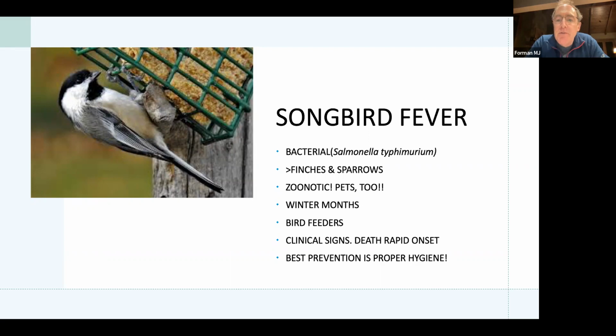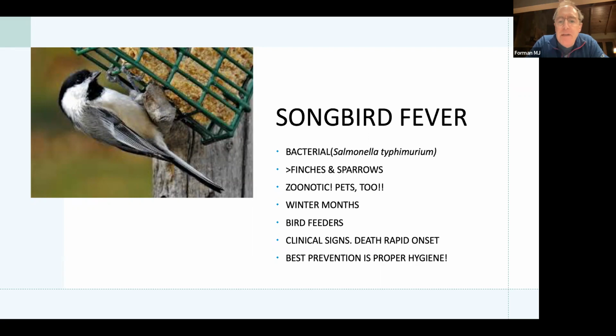As far as songbird fever is concerned, we tend to see this more in the winter months, mainly because birds are congregating at feeders more commonly in the winter months. So there's more increased chance for disease transmission. Bird feeders are the nidus for infection with a lot of issues with songbird fever. And because it is Salmonella, a bacteria, it is spread quite readily.